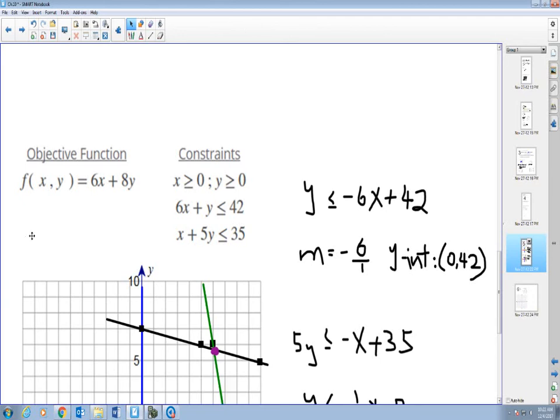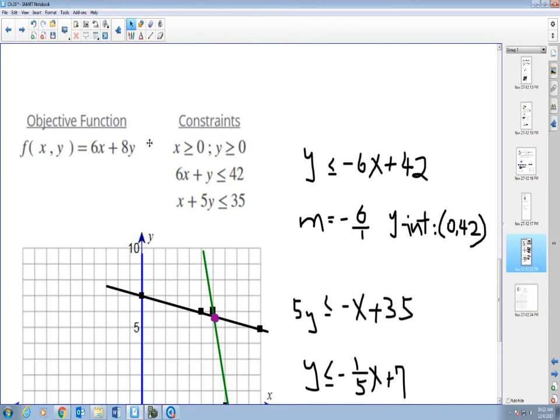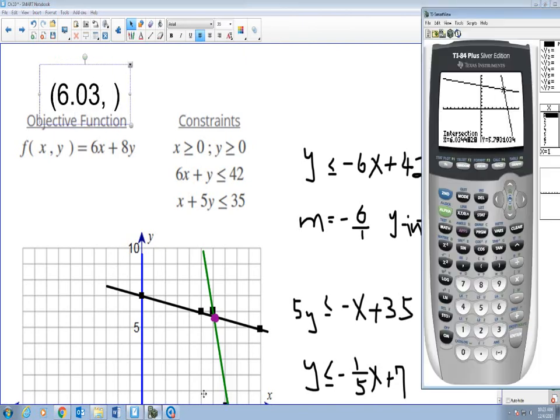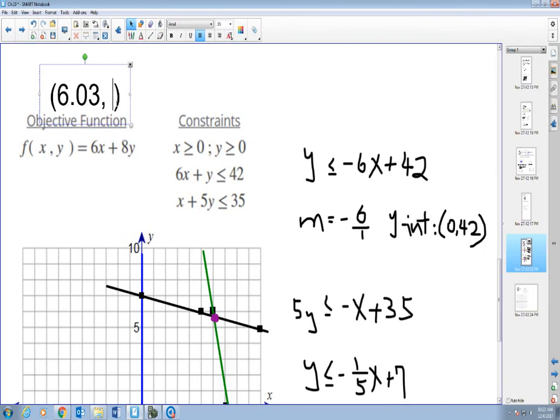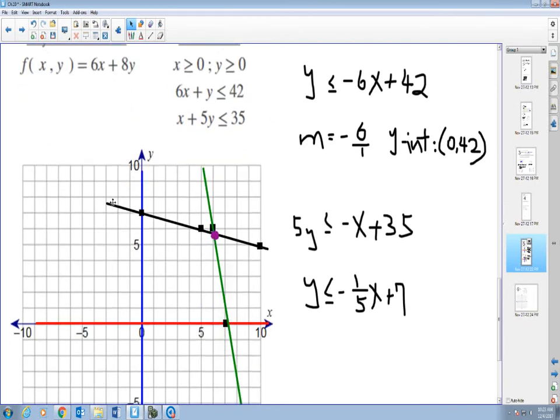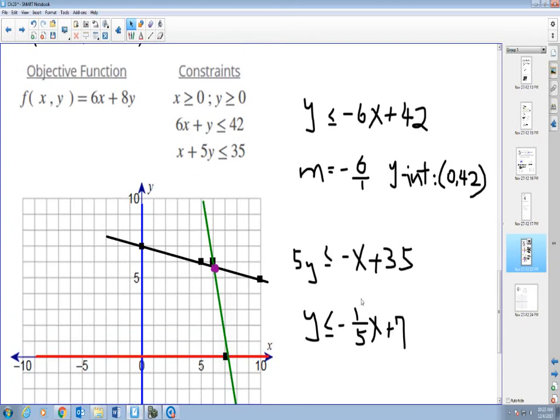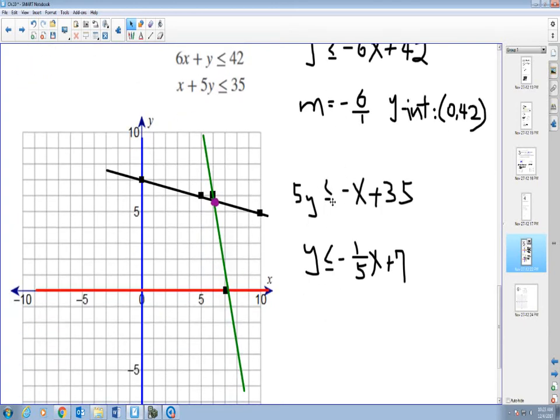Okay, let me write down these points. 6.03, comma, 5.79. Okay. Sorry. So this is one point of intersection between the black line and the green line. If you read this in inequality, this is less than. Less than means below this line.